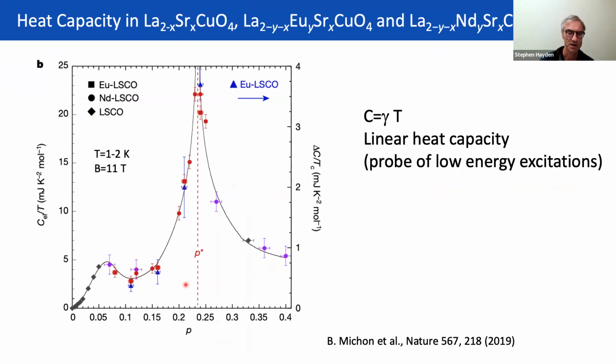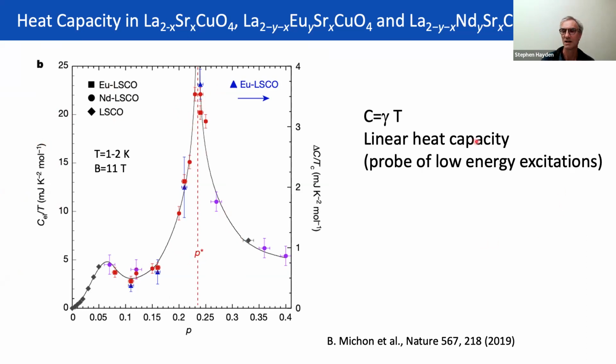Another interesting feature of the overdoped part of the phase diagram in LSCO is this peak in the specific heat that you get round about 0.22 in this particular plot here. This is some of Louis Taillefer's work where he's collected together different systems, LSCO and neodymium doped LSCO and europium doped LSCO, and he plots the low temperature linear specific heat here, and you can see it's very strongly peaked around this region.